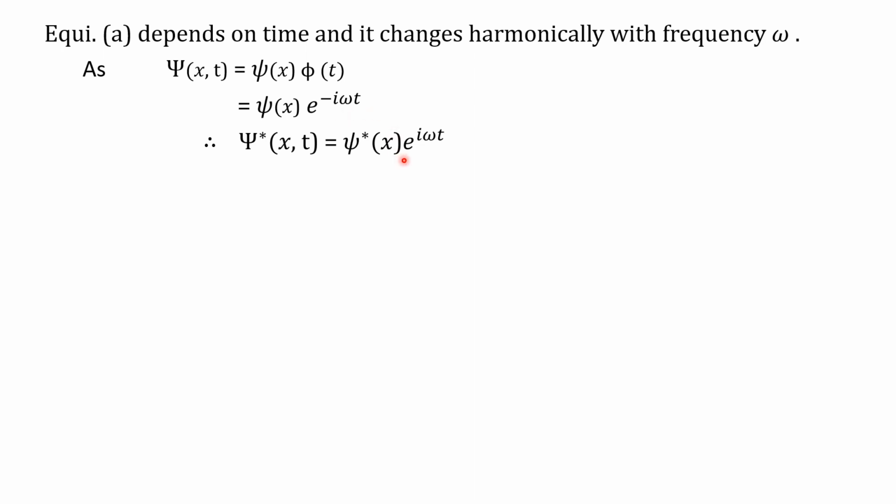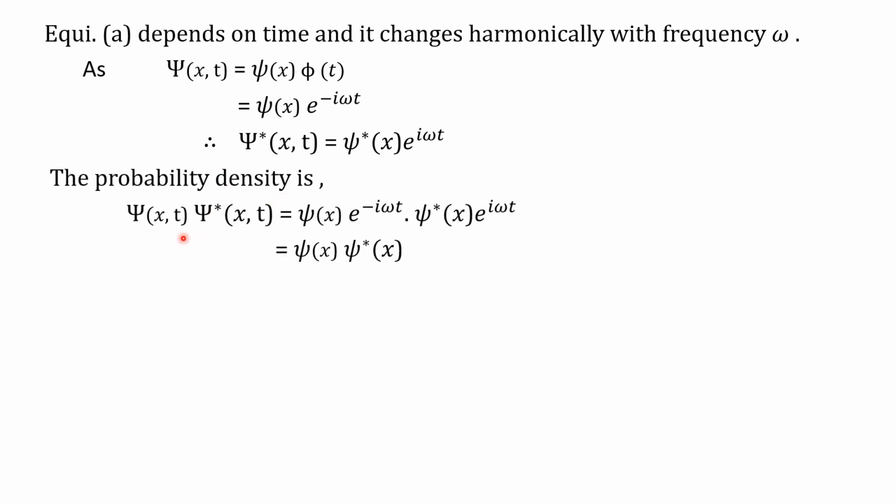Therefore the exponential term is exponential i omega t. Now we take the product to find the probability density: psi of x,t into psi star of x,t equals psi of x into exponential minus i omega t, into psi star of x into exponential i omega t.